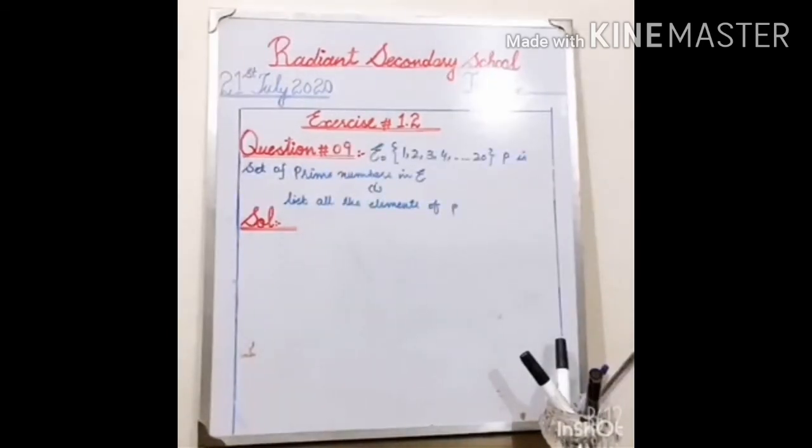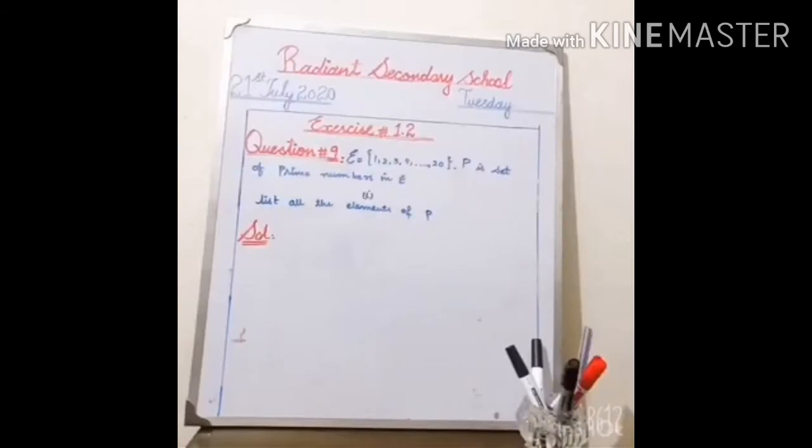Okay students, now question number 9. In question number 9, E is equal to {1, 2, 3, 4 up to 20}, means all the elements from 1 to 20. P is the set of prime numbers in E. So what are the prime numbers?